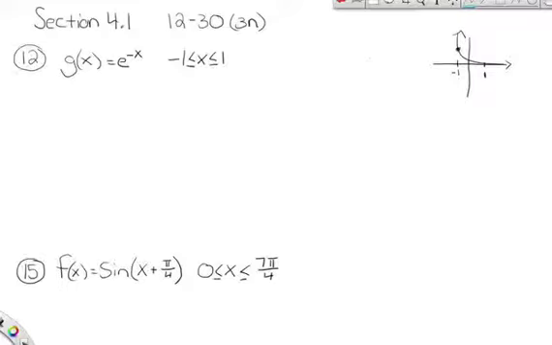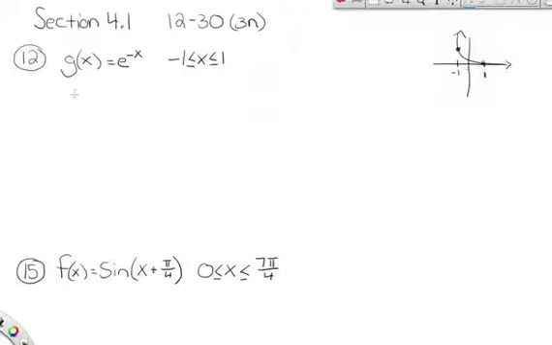There is no point within the graph on this domain where the slope is 0 or undefined, so we know there won't be any critical values. So frankly, we already know the answer. The maximum will be at -1, with a value of e to the first, and the minimum will be 1 over e.